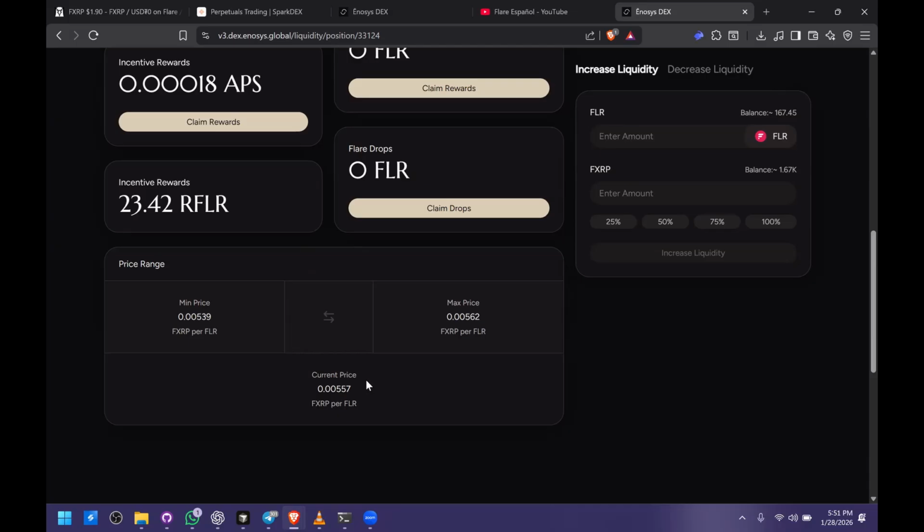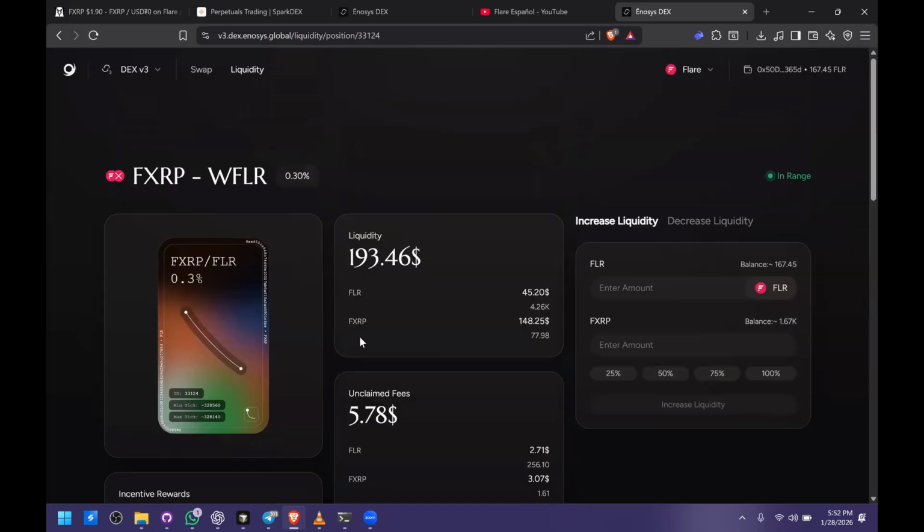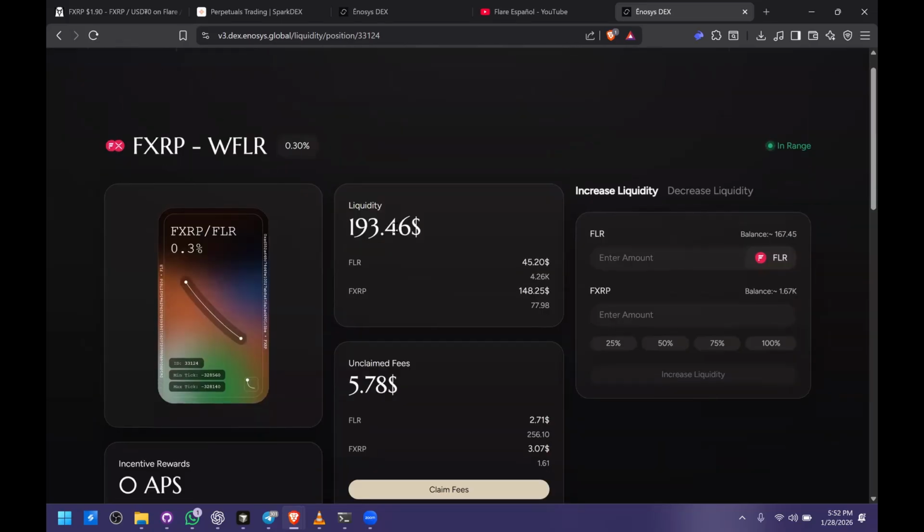You're always going to have more of the underperforming asset in a liquidity pool, because if the price goes up, that means that less XRP buys me more Flare, or the other way around. So right now in this liquidity pool, I'm moving in between these two assets. Right now, as you can see, I have $148 in FXRP and only $45 in Flare.